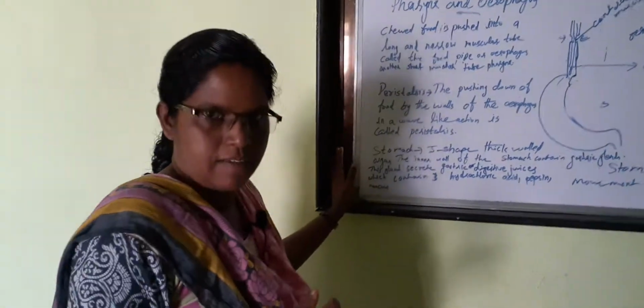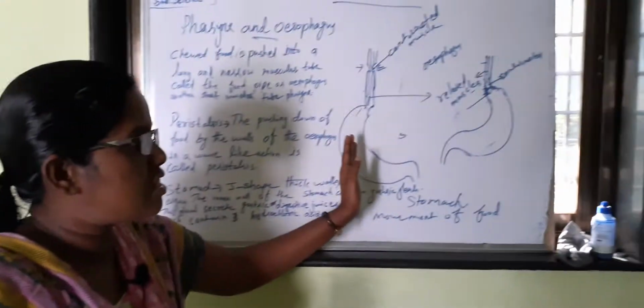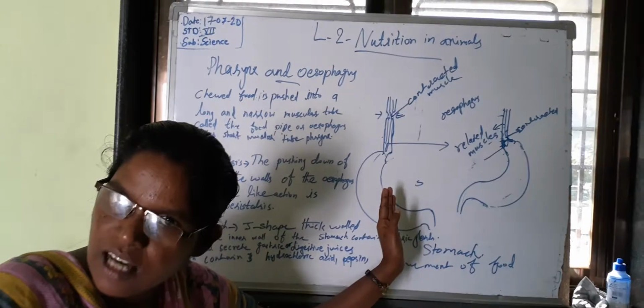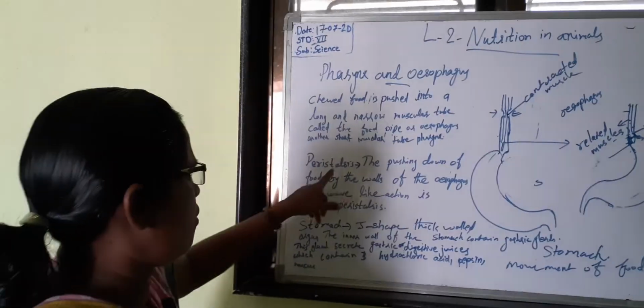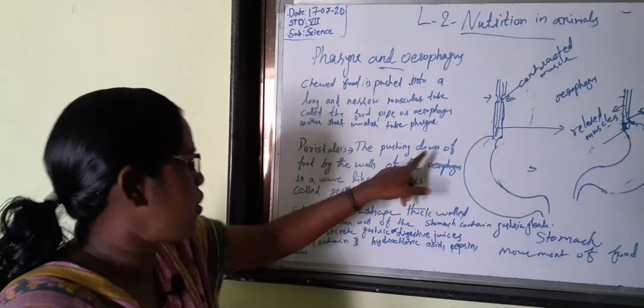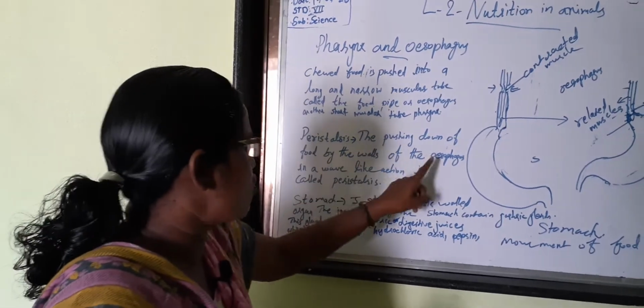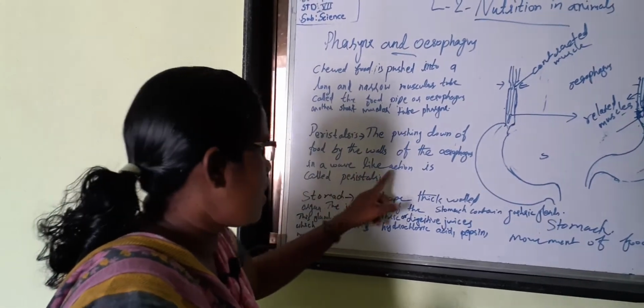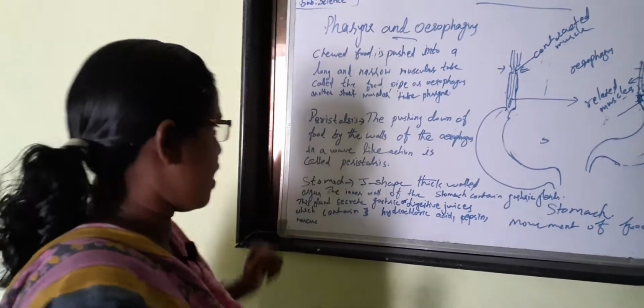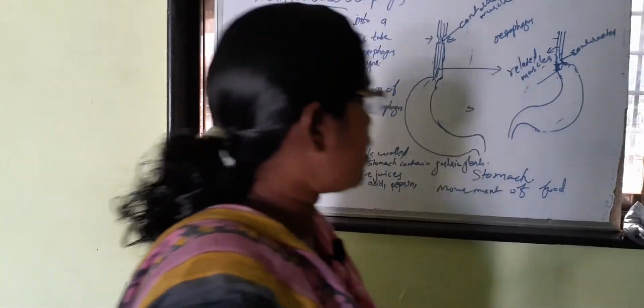This is a wave-like action. That is called peristalsis. This is the peristalsis method by which food goes into the stomach. So what is peristalsis? The pushing down of food by the walls of the esophagus in a wave-like action is called peristalsis. Understand?